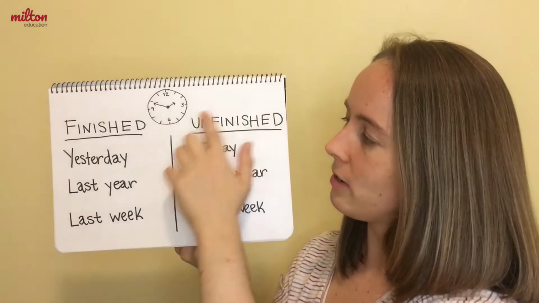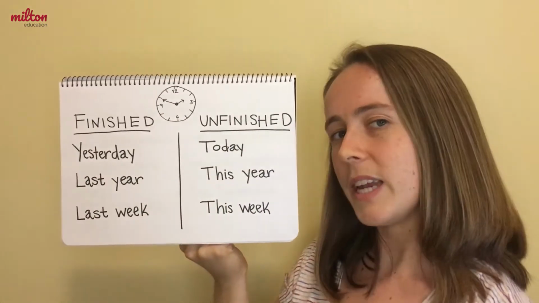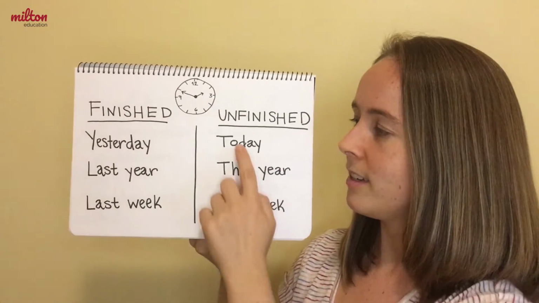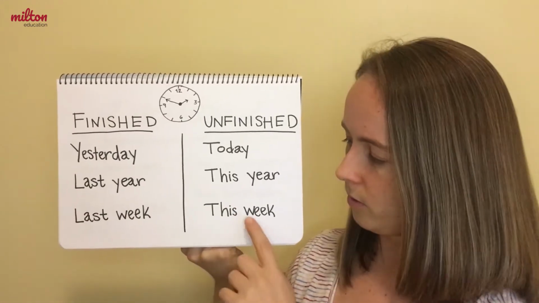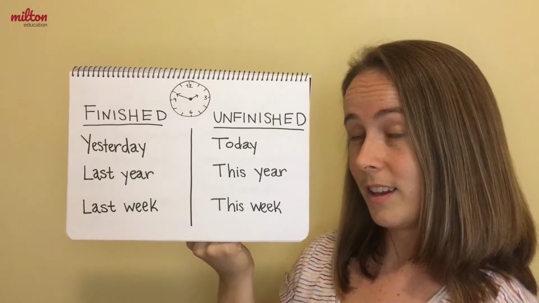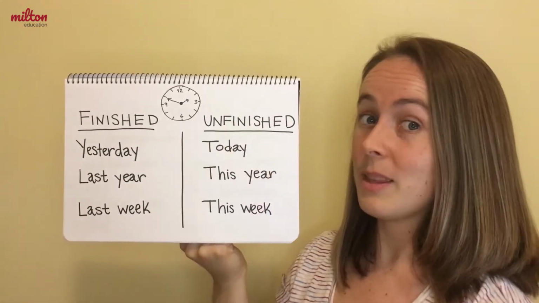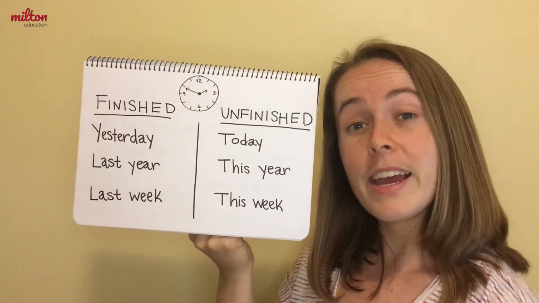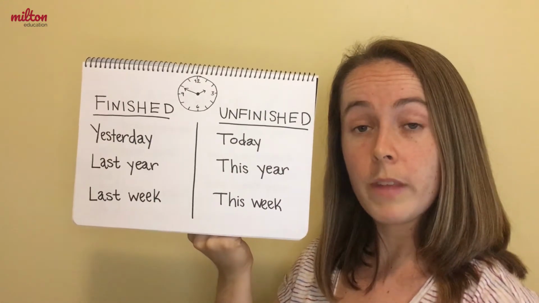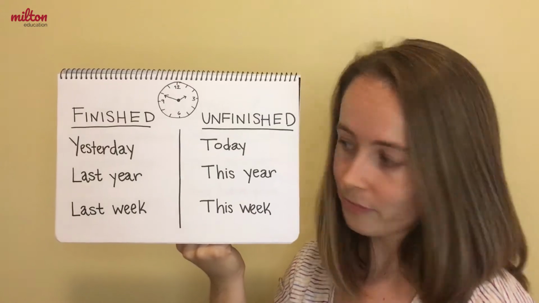But what about times that are unfinished? Like today, or this year, or this week. This is where we use the present perfect. Like today, I have studied English, and I could study more.